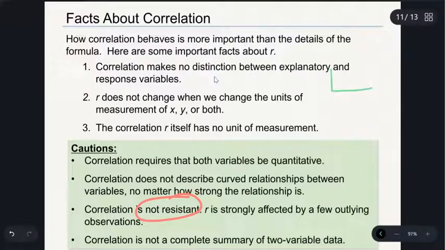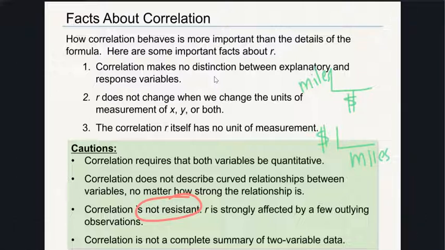So I could have the price and the miles, or I could graph it the other way around. If it's the same data set, it's going to give you the same R. If R is 0.96 for one, then for the other your R value is also going to be 0.96. It doesn't matter when you're doing the correlation. It does matter when you're explaining your data, and when we do some other calculations we're going to move on to. But for the correlation, it won't matter. You'll get the same thing both ways.